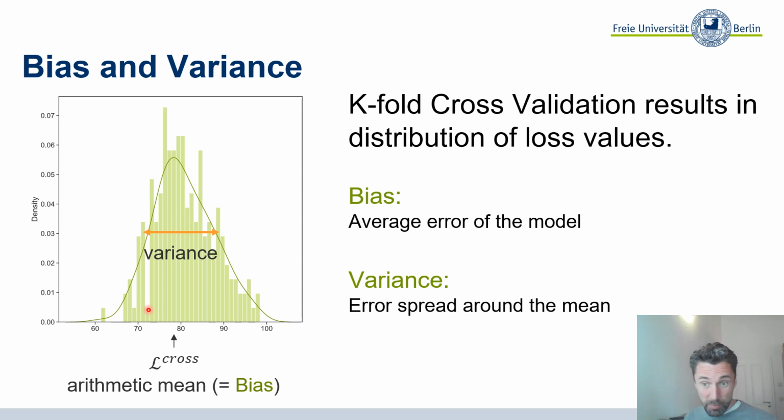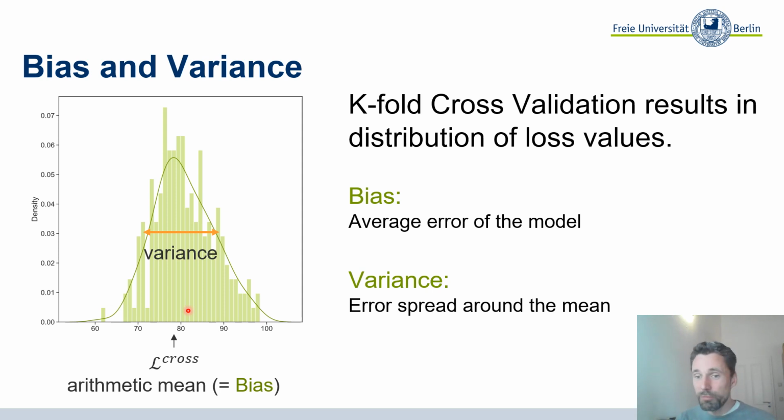And the interesting properties that you can read from this distribution are the bias and the variance. Bias is really the average loss, so averaging over all individual losses gives you the mean of this distribution. And this is relevant because this gives you your expected loss on unseen data.